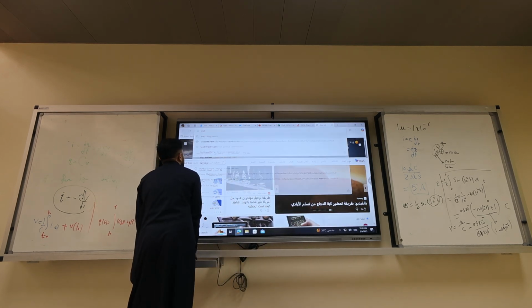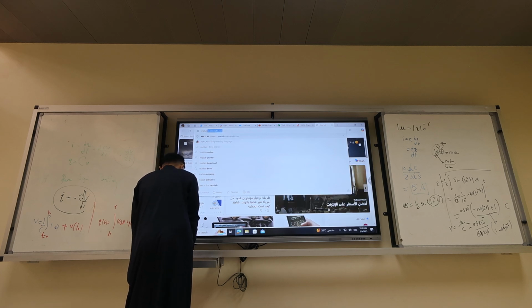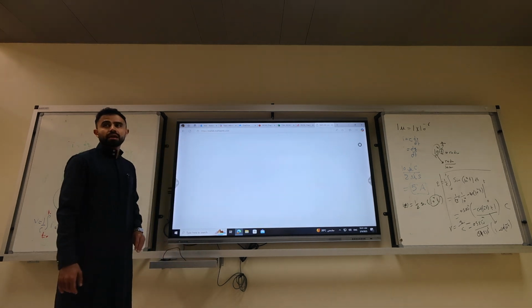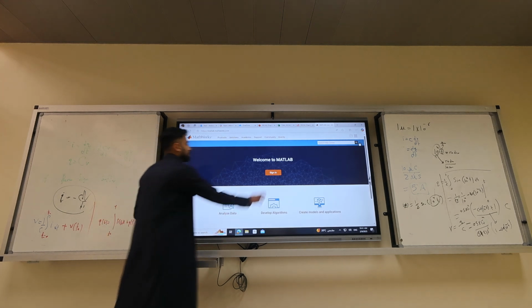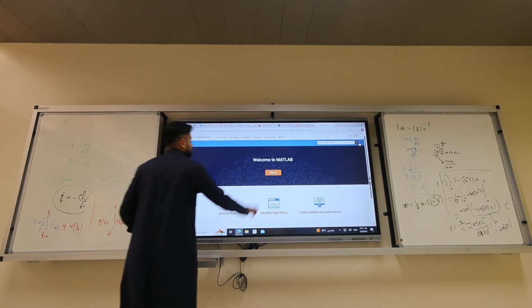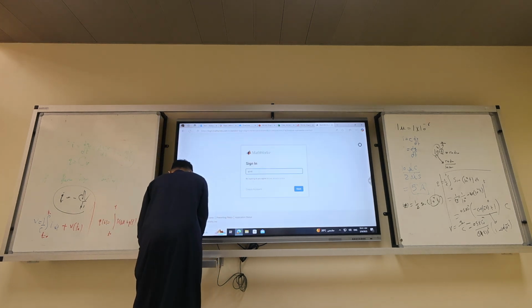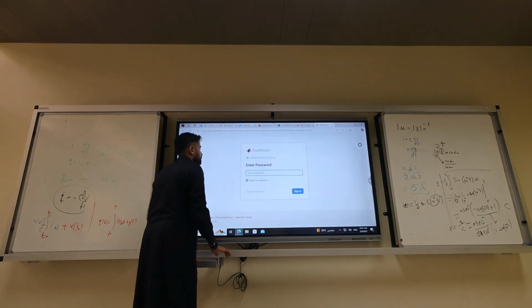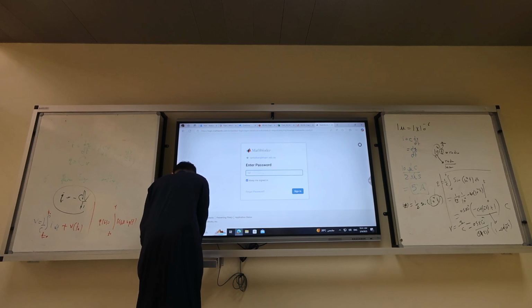You go to the website. What's the website? matlab.mathworks.com. You already have a free version. You don't need to download the app on your computer. Sign in. Put your email. Put the password.